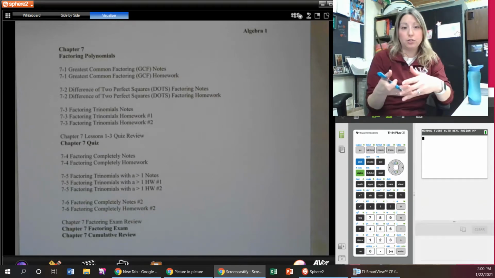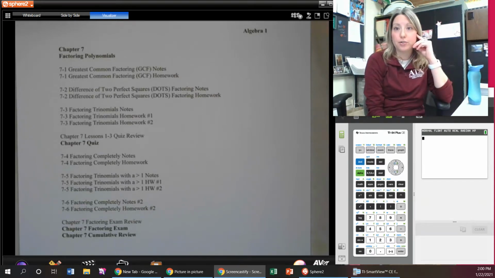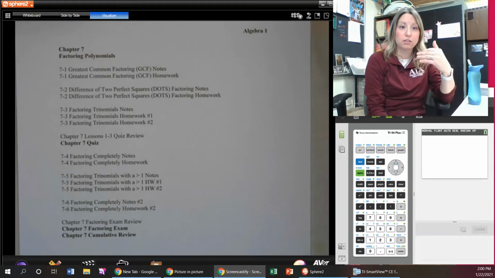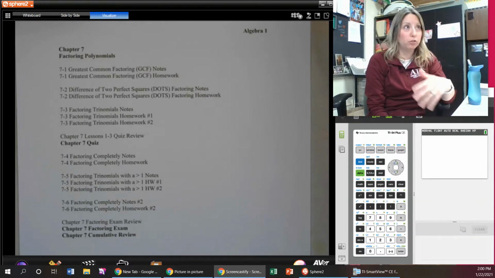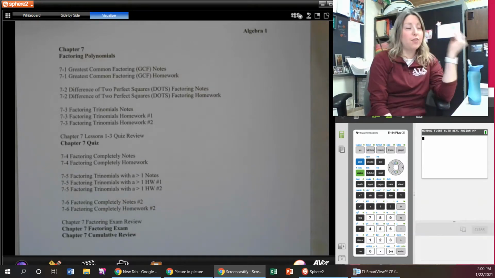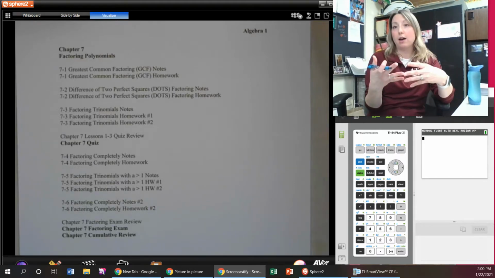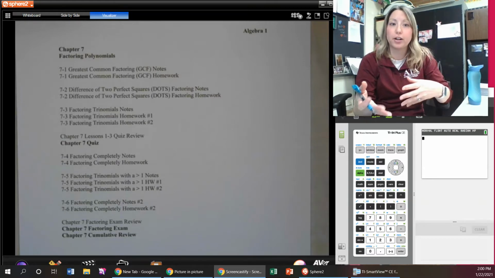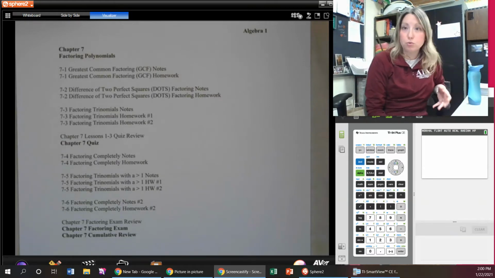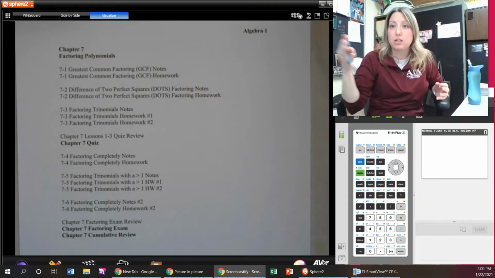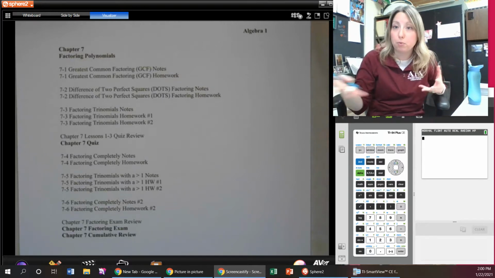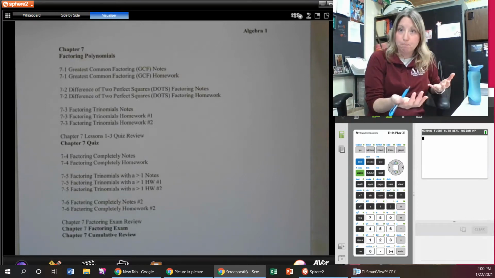We're going to factor trinomials where a is greater than 1, which will make sense when we get there. We will do a couple days of practice. And then we're going to have to factor completely a second time once we know that fourth type of factoring. Then there will be an exam review, and I will do a video encompassing each of those places that will be tested. And then, of course, our exam.